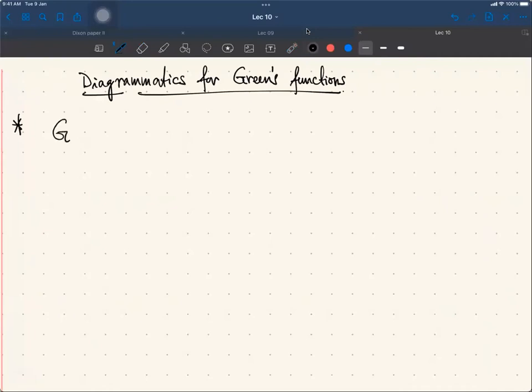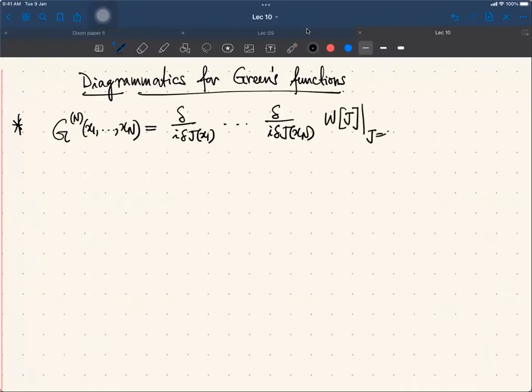So G_n of x1 to xn is given by del by del j of x1 to del by del j of xn, W of j, at j equal to 0.